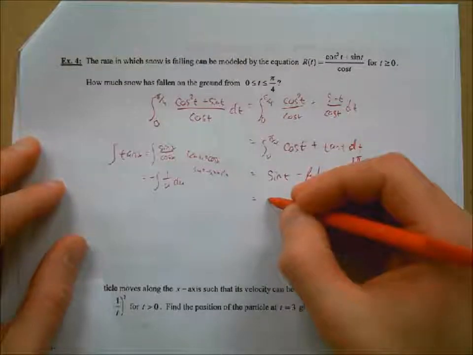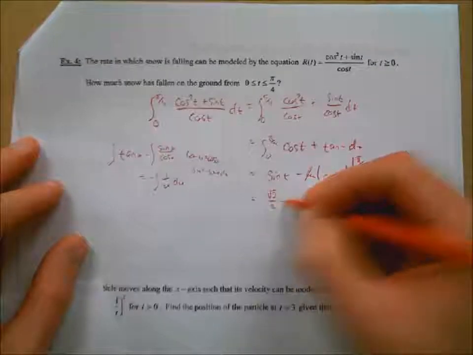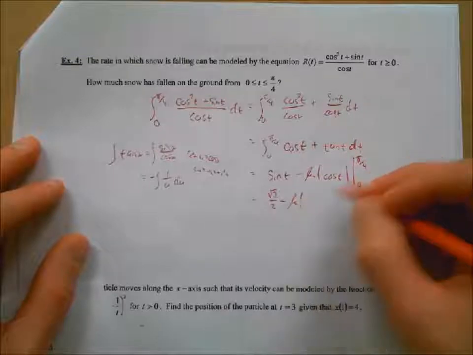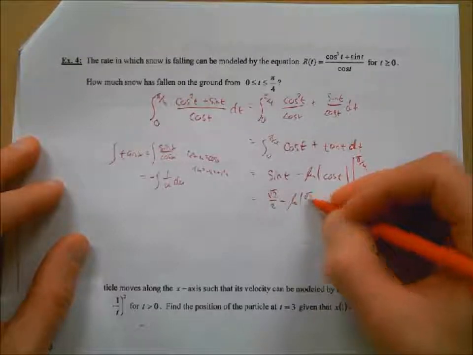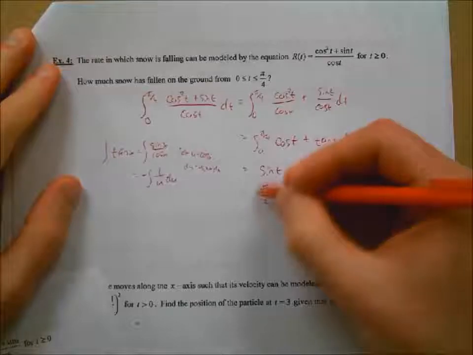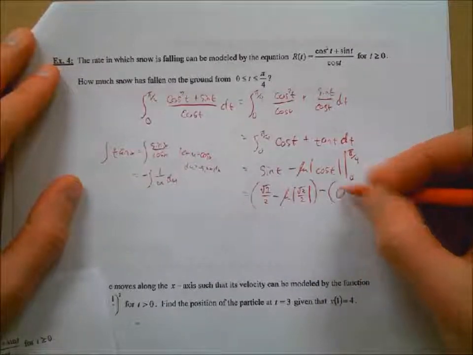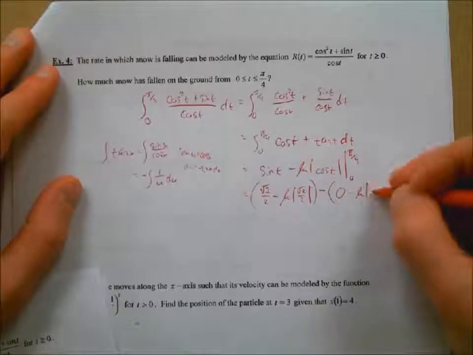All right, so we'll plug in pi over 4: sine of pi over 4 is root 2 over 2, minus natural log of the absolute value of cosine pi over 4, which is also root 2 over 2, so natural log of root 2 over 2. That's our upper limit plugged in. Minus sine of 0, which is 0, minus natural log of the absolute value of cosine of 0, which is 1.